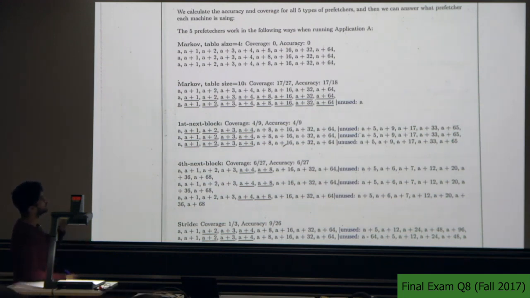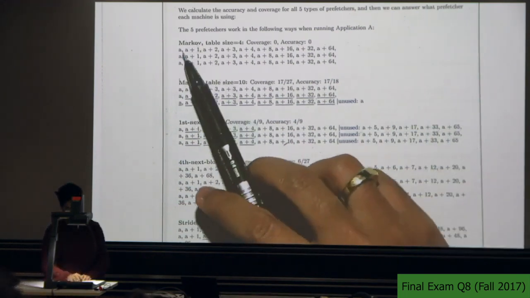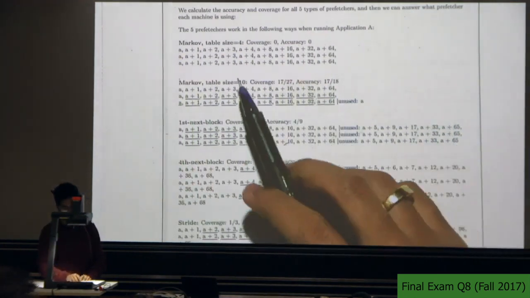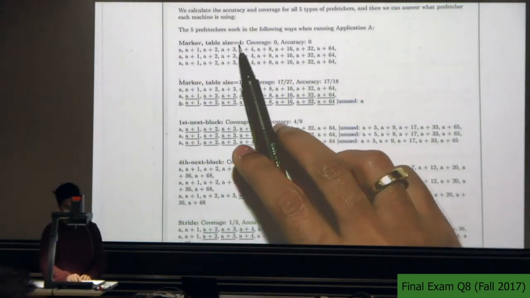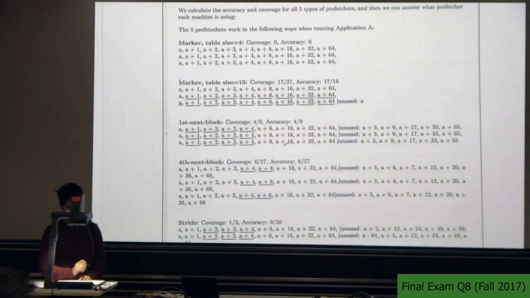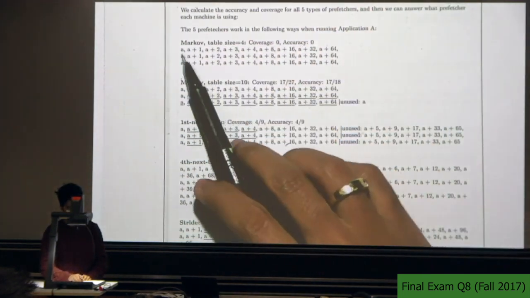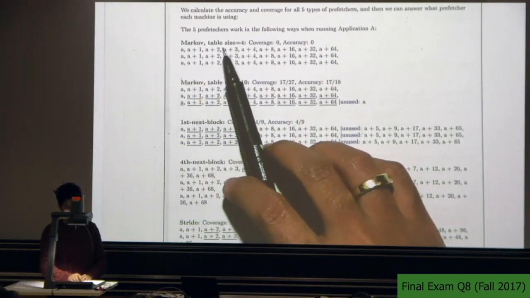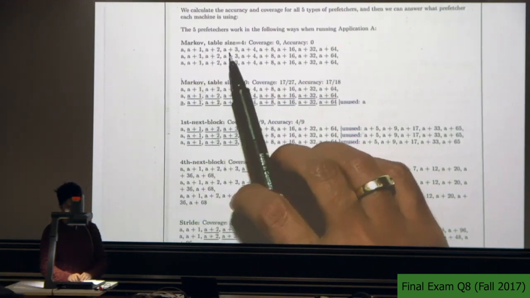And we know that table size determines how much information, how much knowledge, you can store. So let's see. In the first case, we have these 27 accesses from program A. If our Markov prefetcher has only 4 entries, it can learn A followed by A plus 1, that's 1 entry, A plus 1 followed by A plus 2, that's another entry, and so on.